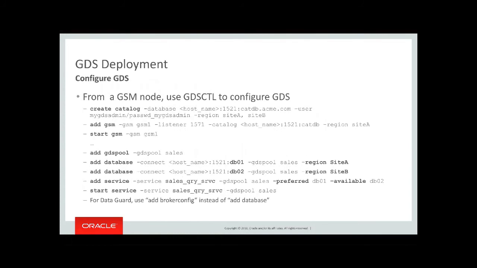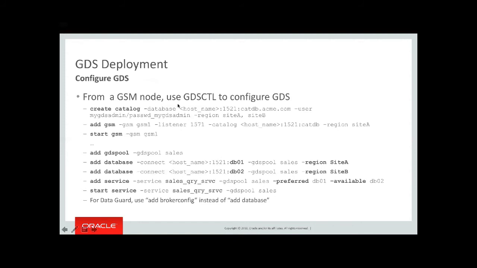Now let's go into the configuration of GDS. What do I have to do to set up GDS for a given application? I'm not going to go into the details of the syntax, but I want you to understand at a high level what commands you would use, and that makes up this configuration. So the first thing is create catalog. As I mentioned, you already pre-created a catalog database, so you're going to create a GDS catalog in that database.